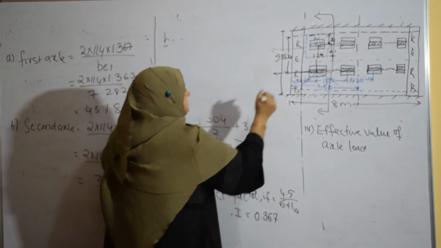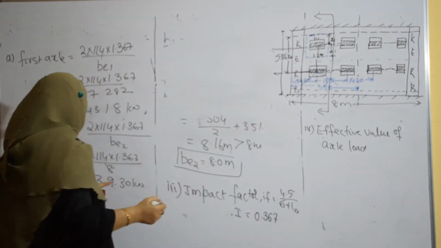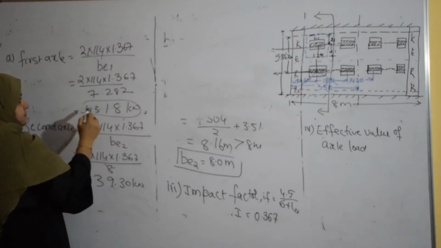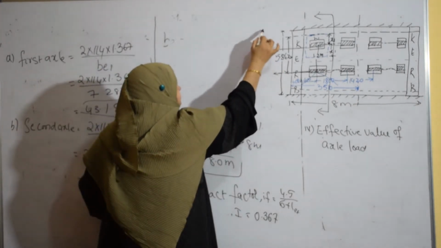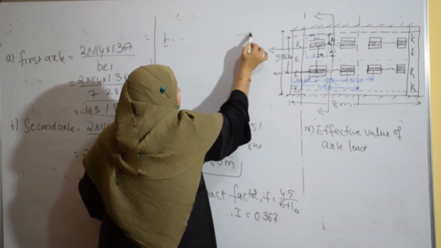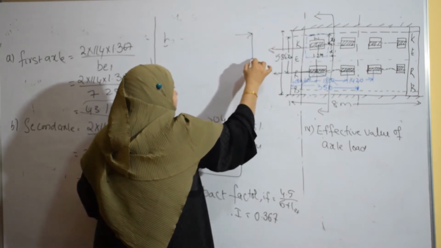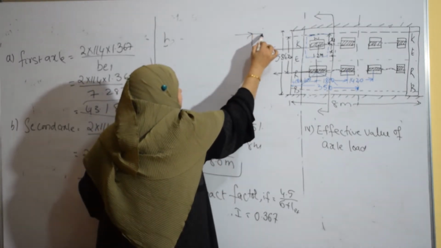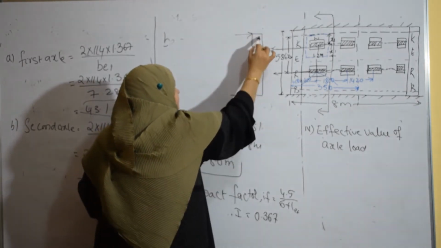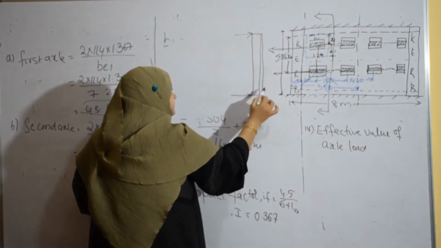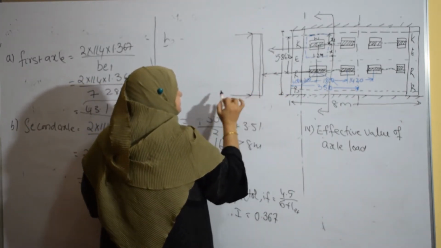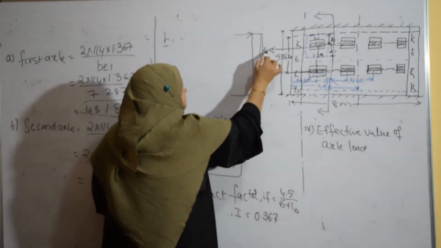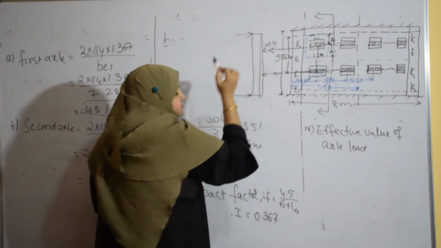Just look at the figure. One axial load is 43.18 kilonewton, and this load is 39.30. I am just drawing one rough figure. This is one support, this is the slab, this is another support, this is the thickness of the slab including the wearing coat.